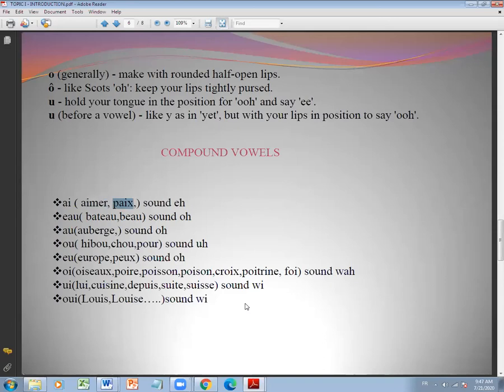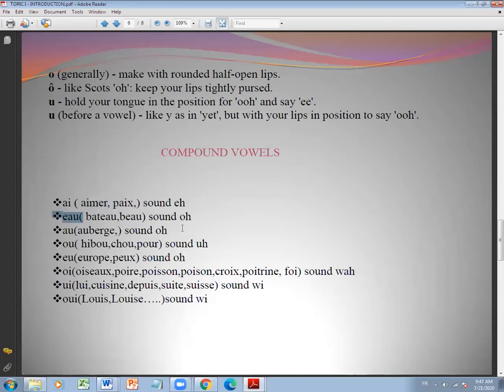So we say eme, we say pay. Okay? Any question there? What is the meaning of pay in French? Pay is peace. Okay? Eme is the verb to love or to like.